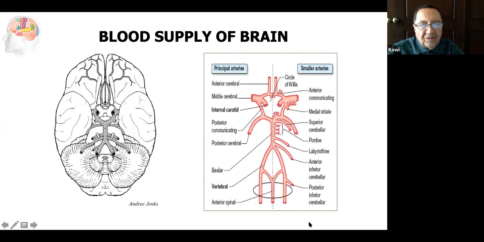And of course, with cerebrovascular disease, we need to learn about the blood supply to the brain. The blood supply to the brain starts from the base of the brain, and it is divided into anterior and posterior. The anterior part comes from the carotid, and the posterior part comes from the vertebrals.